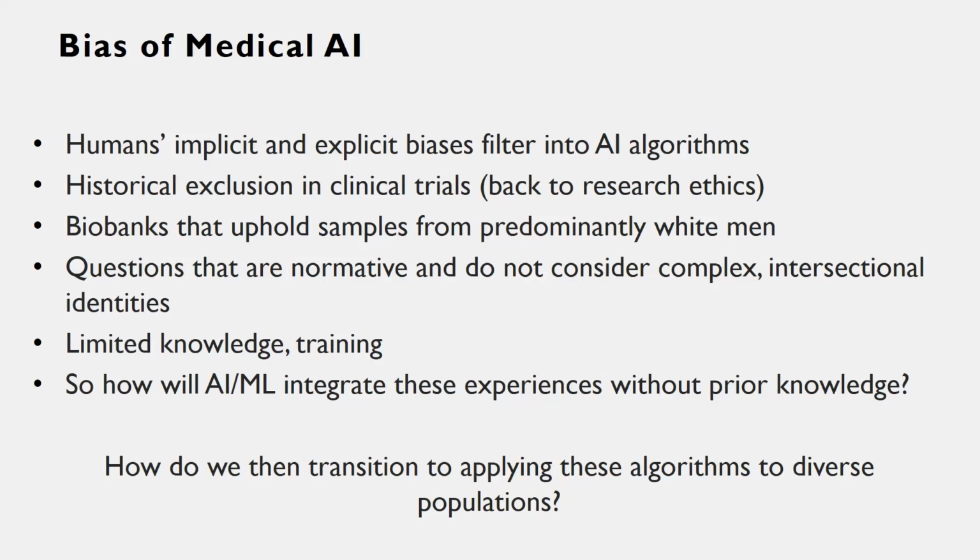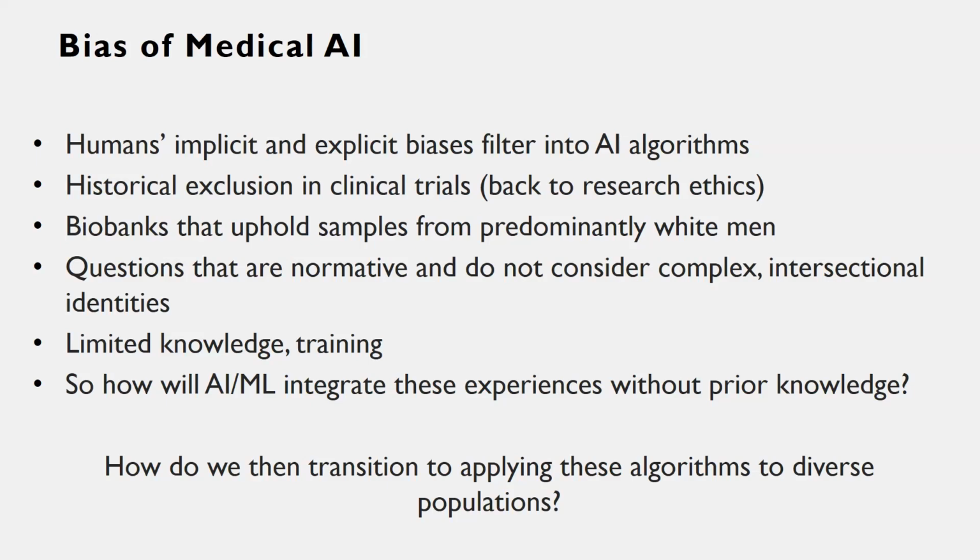It's not something where you need to change everything, and they get worried and they WebMD things. Whose responsibility is that? But where is the bias when those people aren't being represented in the algorithms being created? So how will AI/ML integrate these experiences without prior knowledge of patients and what they need?